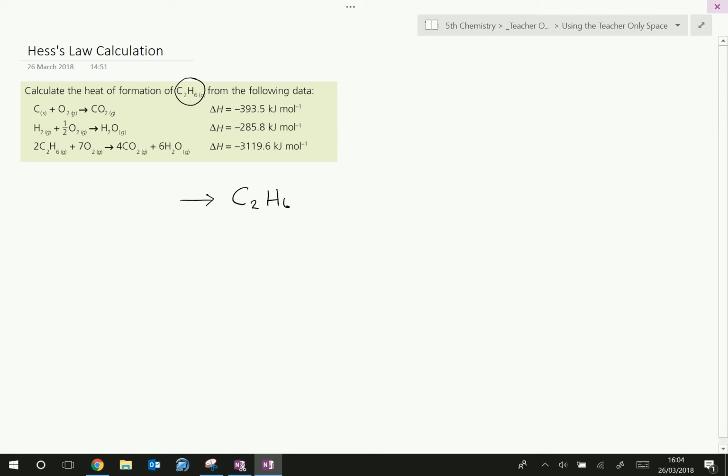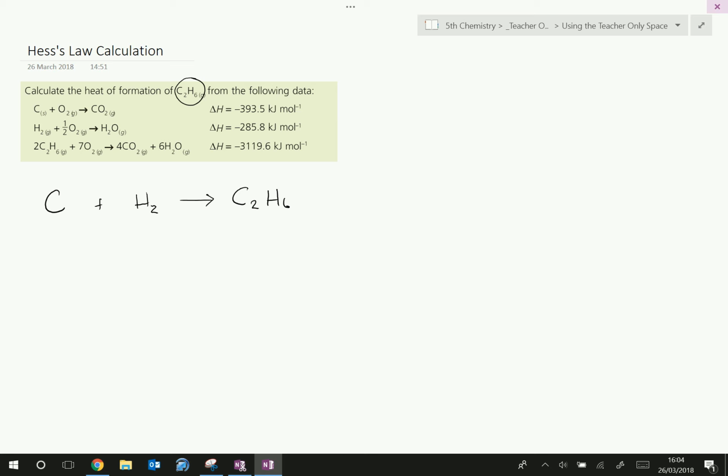Then to the left of that, we write down the elements involved in their standard states. So we have carbon, which exists just as carbon, and we have hydrogen, which exists as diatomic molecules. There are two hydrogen atoms in a molecule. So remember, hydrogen and the secret 7, those are all your diatomic molecules.